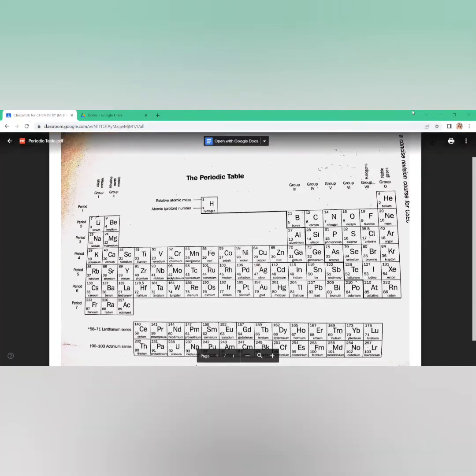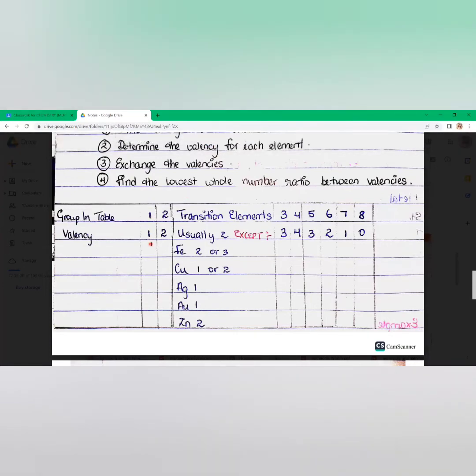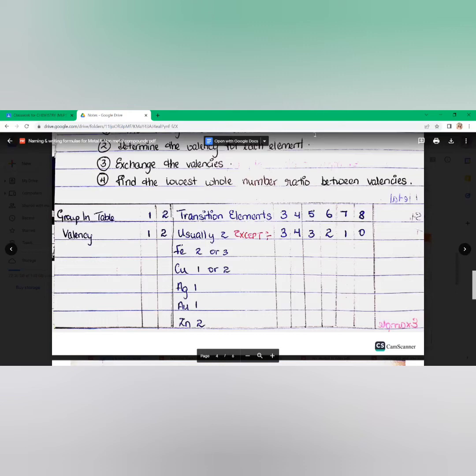Now we need to go into our next table, which will be our valency table, to be able to determine what valencies we have. Elements in group 1 will have a valency of 1. So sodium has 1 as the valency. Chlorine belongs to group 7 on the periodic table, so the valency of anything in group 7 is 1. Are you guys good with that so far? Yes, miss. All right, so we're going back to the whiteboard. I'm going to write down this information.